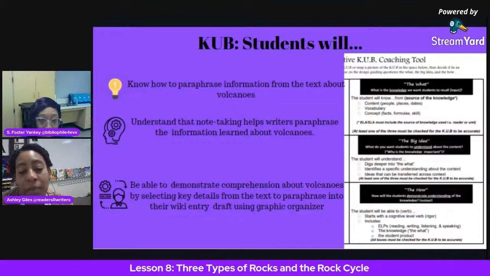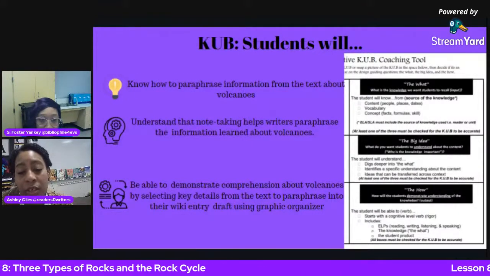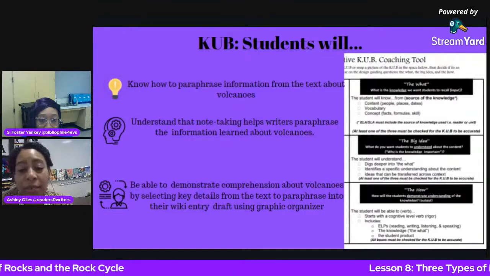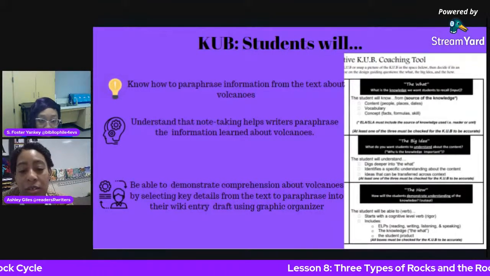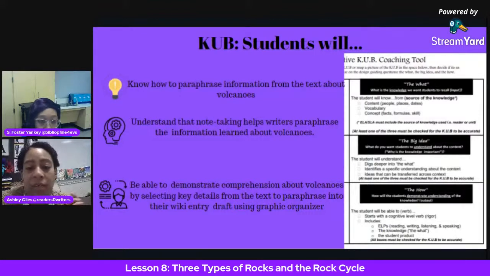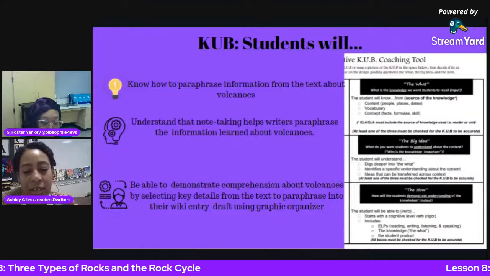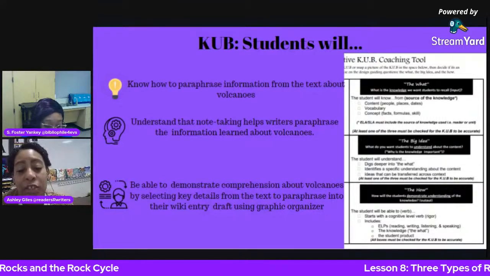Will be able to select key details to draft a wiki entry, which demonstrates understanding about volcanoes using a graphic organizer. I like the fact that it says volcano, volcano, volcano, and it's talking about paraphrasing in all of them too. So alignment, yes. So I would put that draft first.